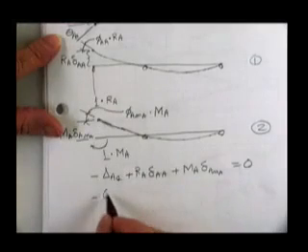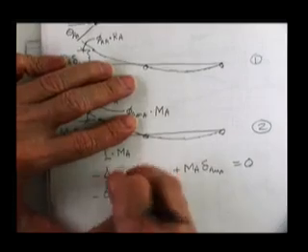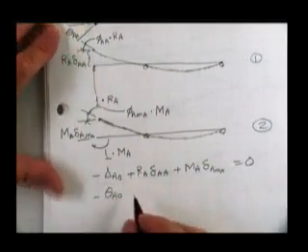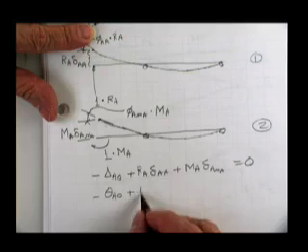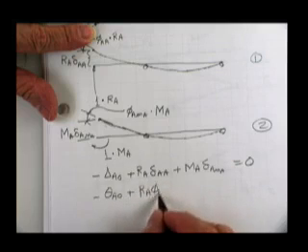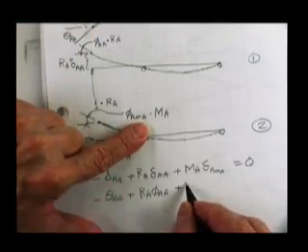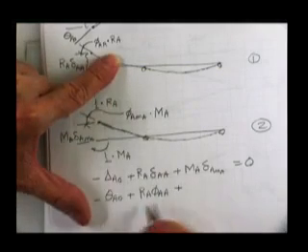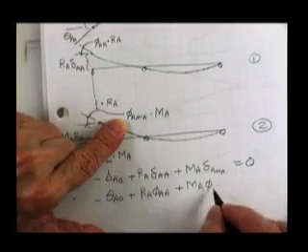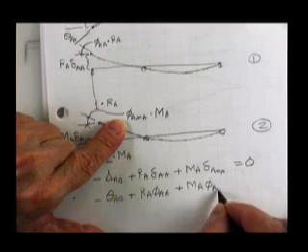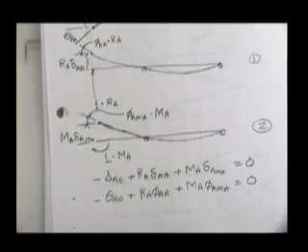It was a minus theta at A due to the real loads, plus R sub A theta at A due to A, plus, that's R sub A, theta AA, plus M sub A, rotation at A due to a unit load at A. Two equations and two unknowns.